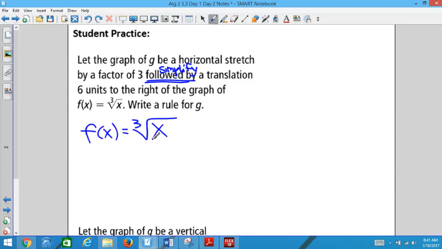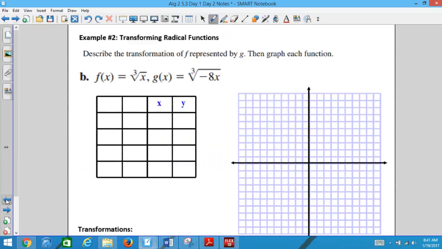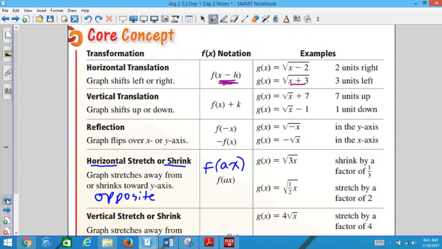And we're going to do a horizontal stretch by a factor of 3. If you forget how to do a horizontal stretch, what do we do? We go to this chart and say, okay, I need a horizontal stretch. Here's a stretch by a factor of 2, and they multiply by a half. Oh, yeah, that's right. We have to do opposite.